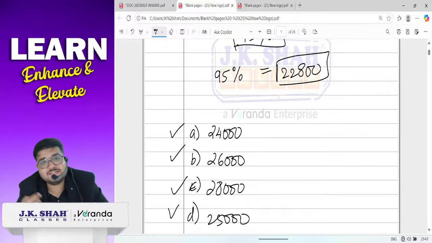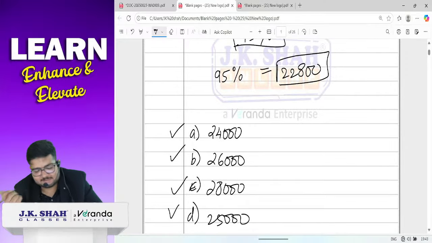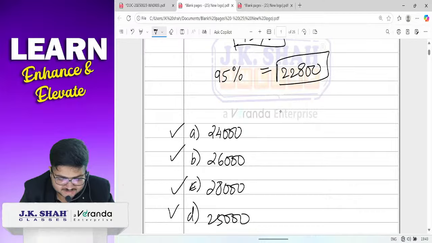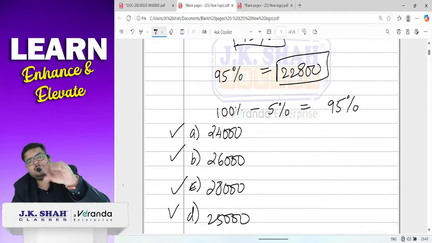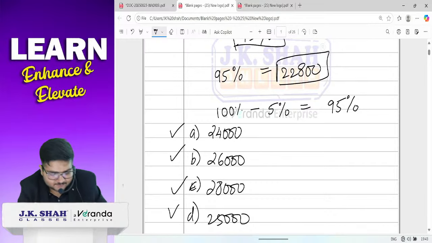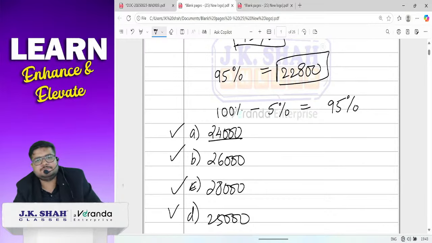But sir, calculating 95% is a lengthy procedure. No, 95% is actually very easy. These are all values of 100%. Find only 5% of every number and just subtract, and you will get 95%. That means you have to calculate 5%, then subtract. What is 5% of 24,000?